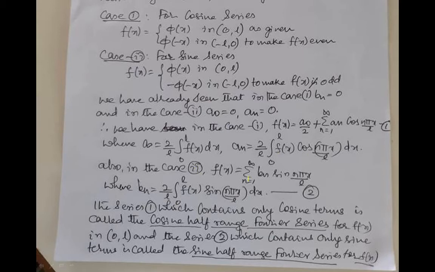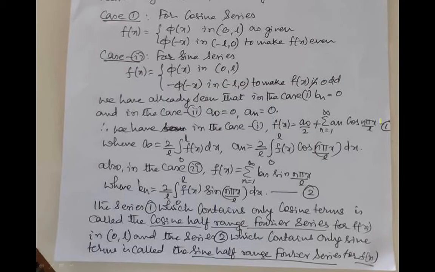Odd function. f of x equal to summation 1 to infinity bn sin n pi x upon L, where bn is equal to 2 upon L integral between 0 to L of f of x into sin n pi x upon L dx, because a naught and an equal 0 in the case of an odd function.